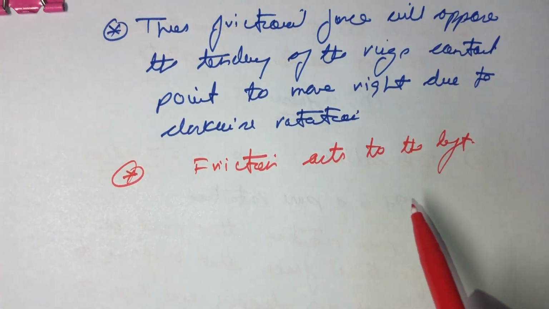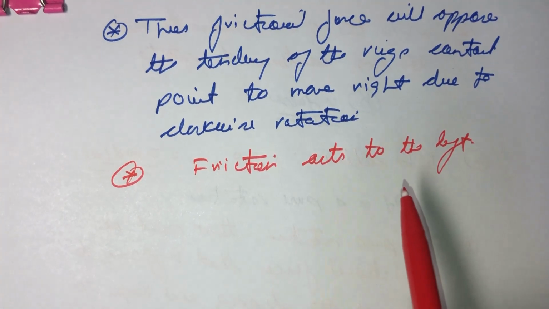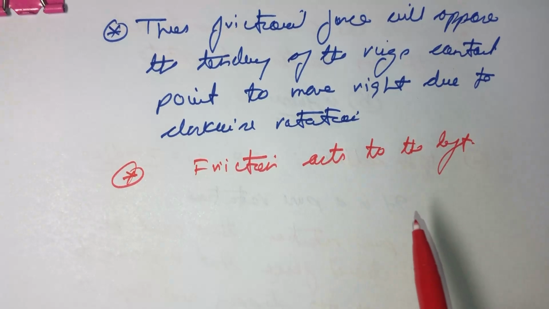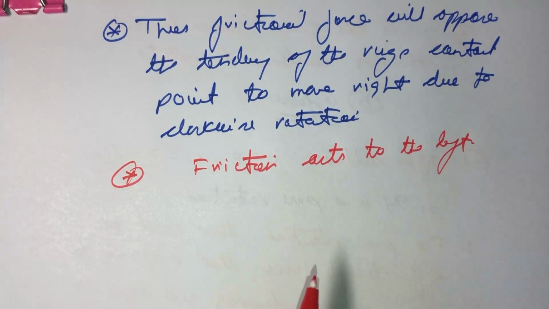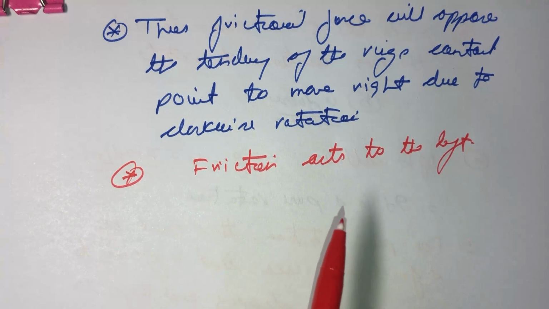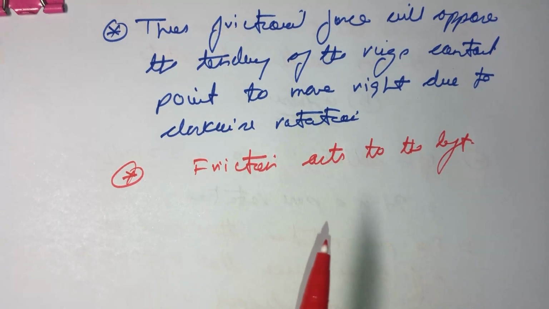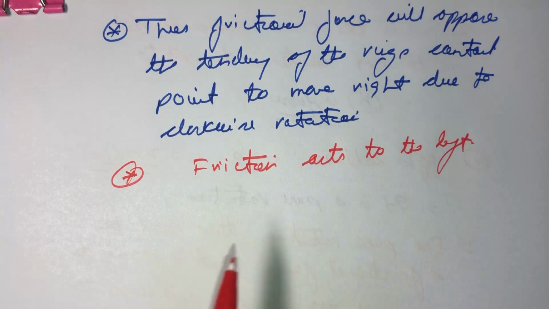In shorter form, the point of contact has the tendency to move toward the right, so the frictional force will oppose this movement and act towards the left.